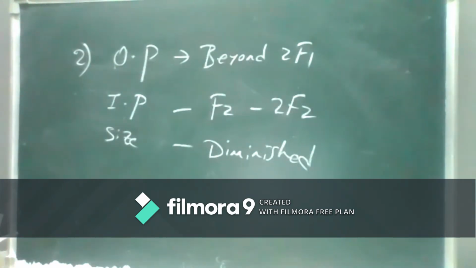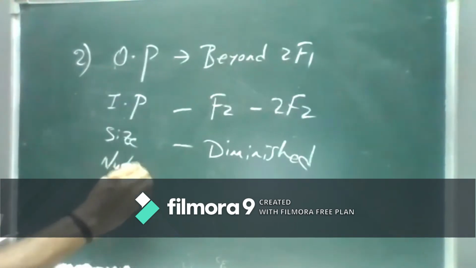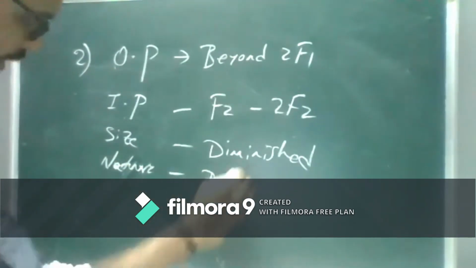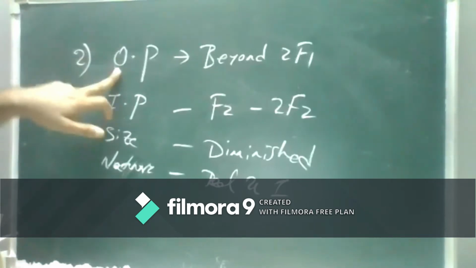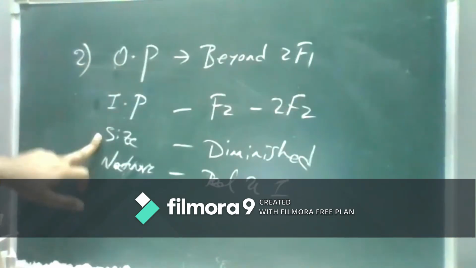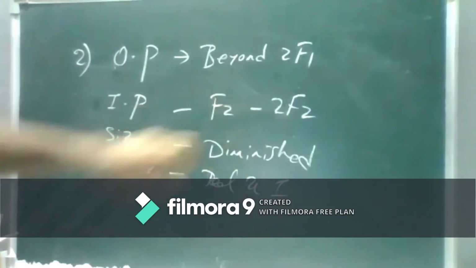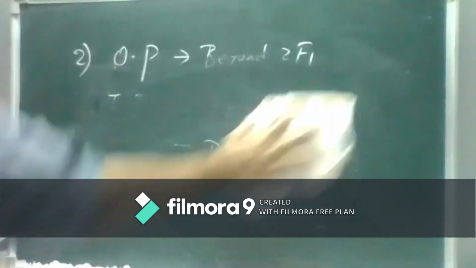The nature is always real and inverted. So remember these relations: object position, image position, size, and nature. It is beyond 2F1, between F2 and 2F2, diminished, and real and inverted. Okay, we'll see the ray diagram.